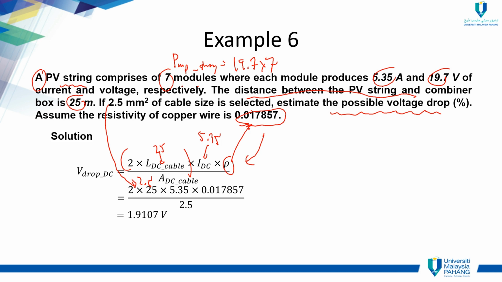This is the voltage drop. But the question asks for the possible voltage drop written in percentage, and this is not a percentage. So in order to produce the percentage value, what should we do?